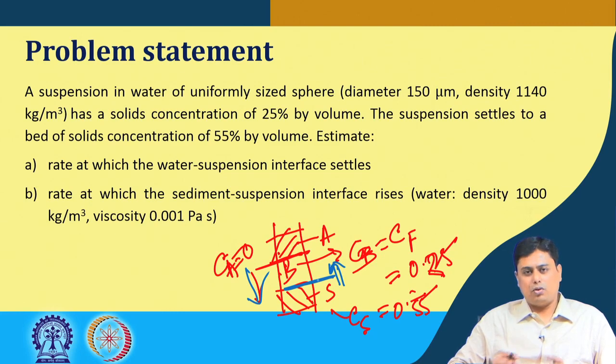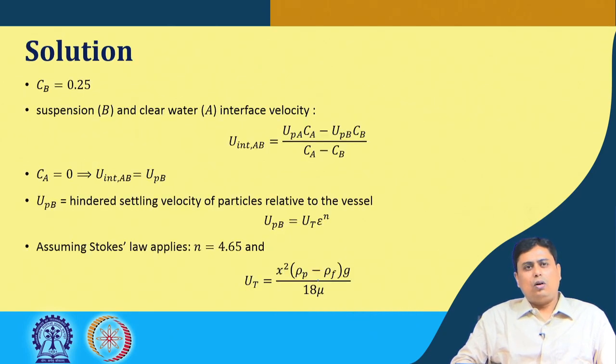So, how do we solve this problem? I hope the problem statement is clear to you. As I mentioned, we first write down what is given, that is Cb is 0.25. Now, we know the suspension and clear water interface velocity.